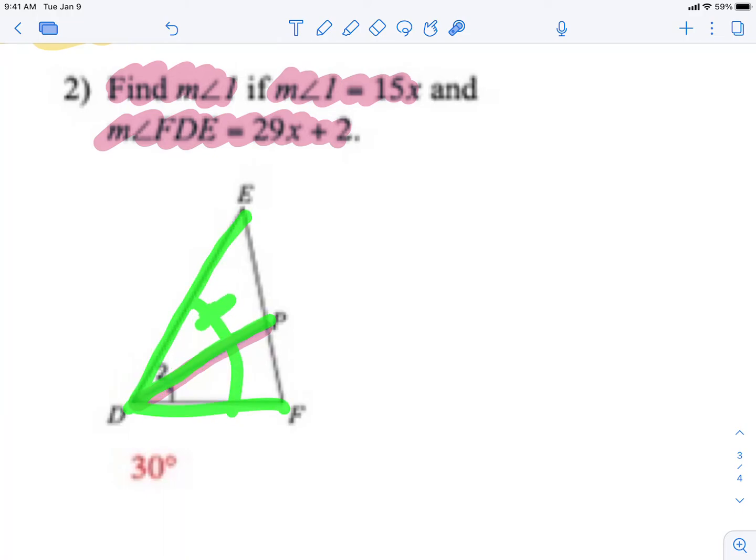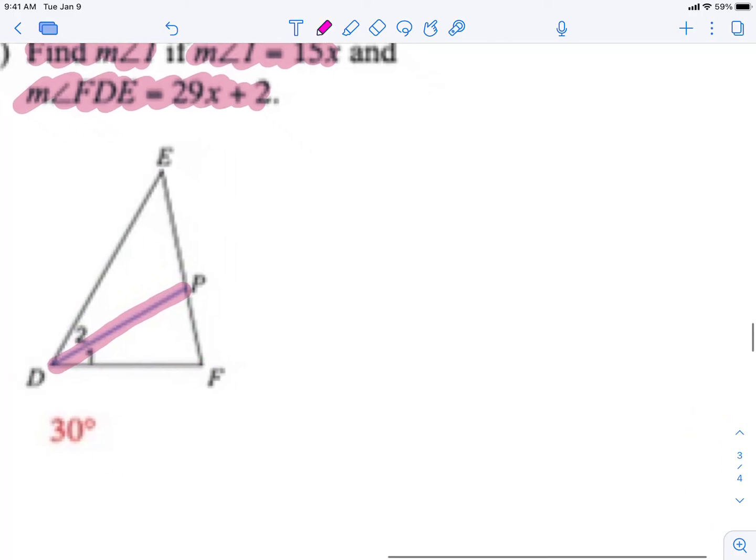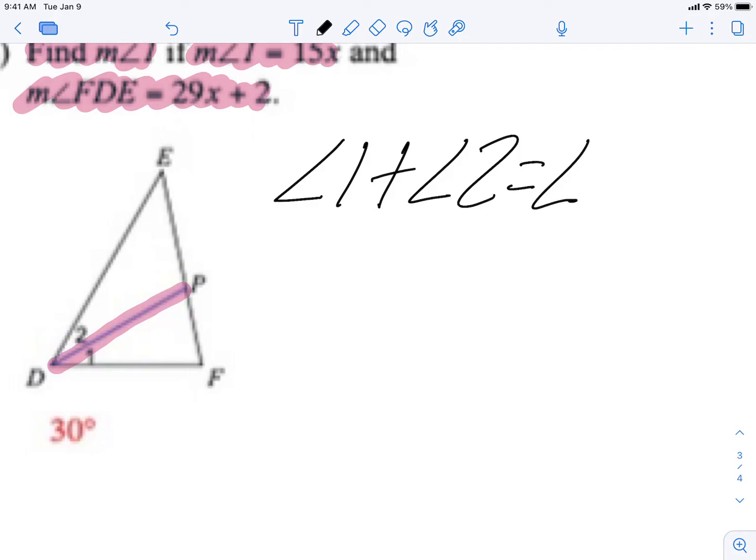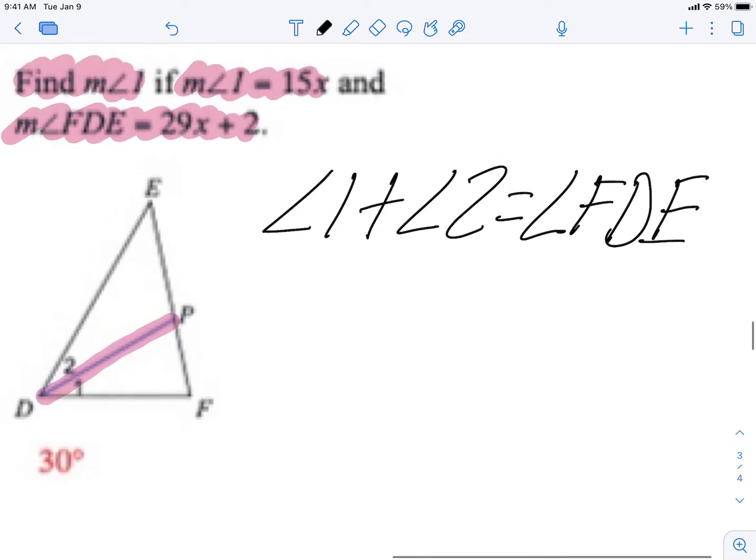Look, and it created two angles, angle 2 and angle 1. They're the same, right? So if angle 1 and angle 2 together create this big angle, so angle 1 plus angle 2 is equal to angle FDE. So let us write that down. Angle 1 plus angle 2 is equal to angle FDE. And we know that angle 1 and angle 2 are the same because it was split in half, so whatever angle 1 is, angle 2 is.